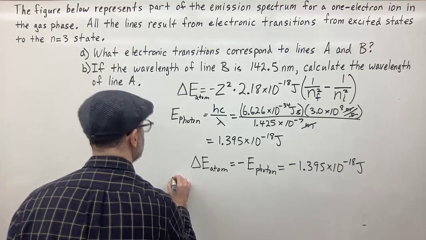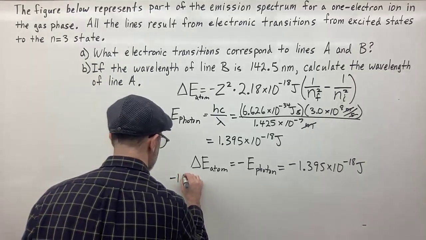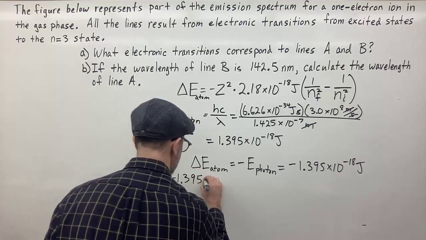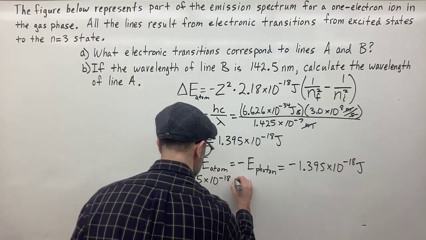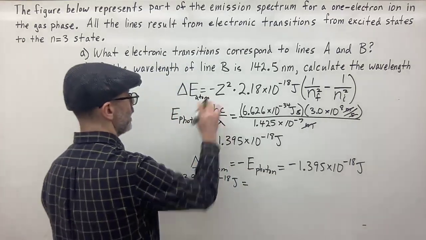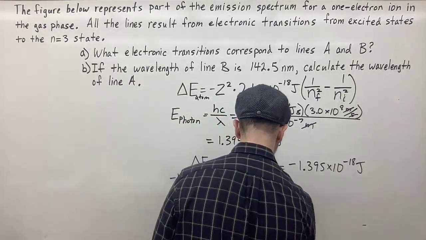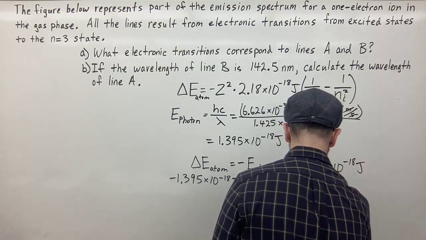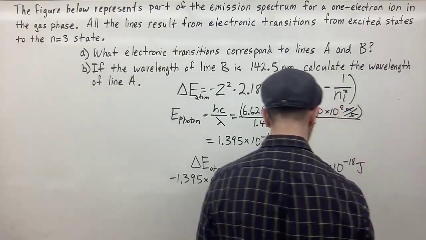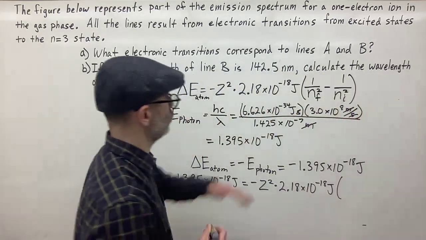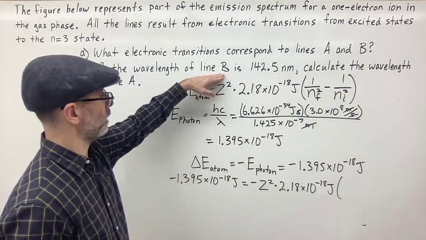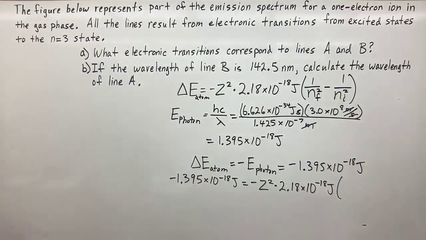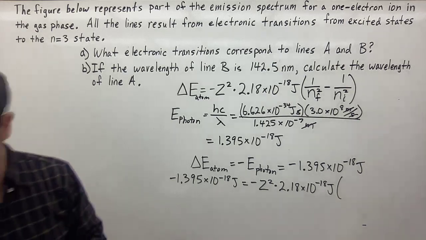And so we're going to put in negative 1.395 times 10 to the negative 18 joules is equal to negative z squared times 2.18 times 10 to the negative 18 joules times, and then for the transition, again, we're looking at line B. We said for line B, the transition was between n equals 5 and n equals 3.